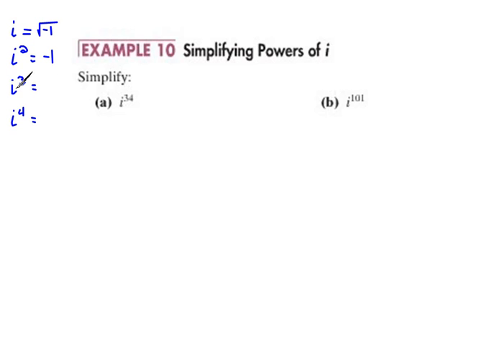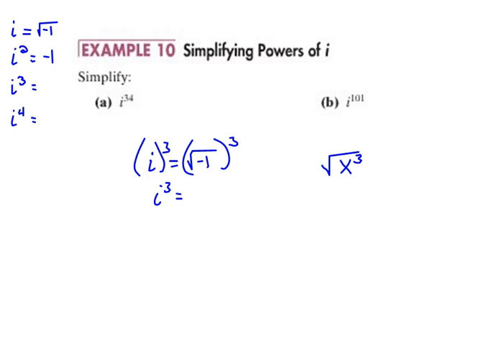In order to find out what i cubed is, if we know that i equals the square root of -1, then if we were to cube both sides, this would be i cubed equals. Now, if you'll remember, whenever we were working with square roots, if we had, say, the square root of x cubed, we would say 2 goes into 3 one whole time.